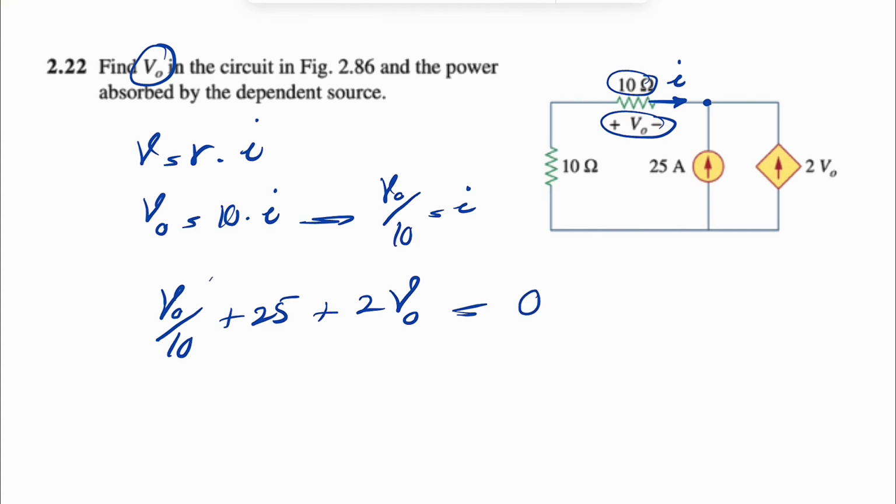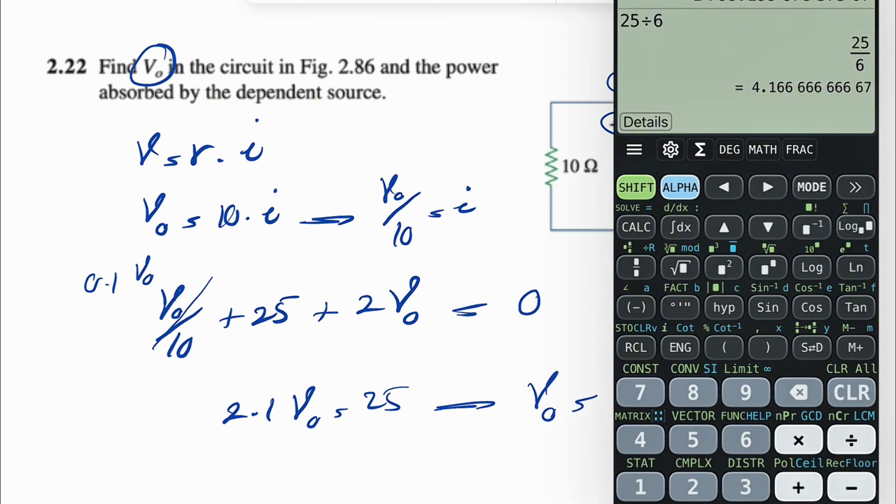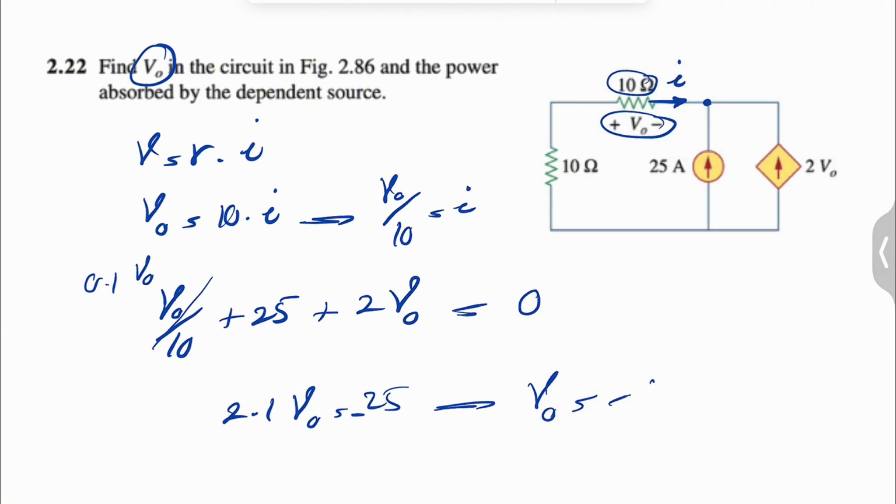So this is going to be 0.1 V0. So 2.1 V0 is equal to 25, and V0 here would be 25 divided by 2.1, which is going to be, actually this is going to be negative if it goes on the other side, so negative 11.9.